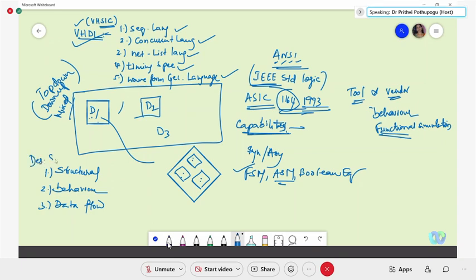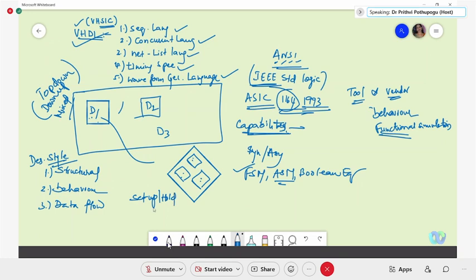In any style of modeling you can write the program. You can write the test benches also. You can write for different delays, zero delay to nominal delays, maximum delays. You can define setup and hold times.